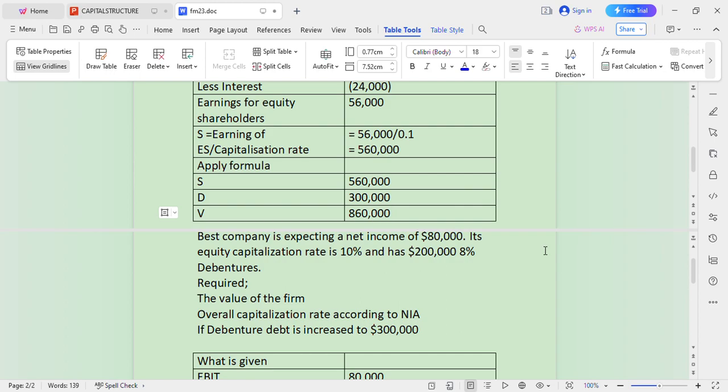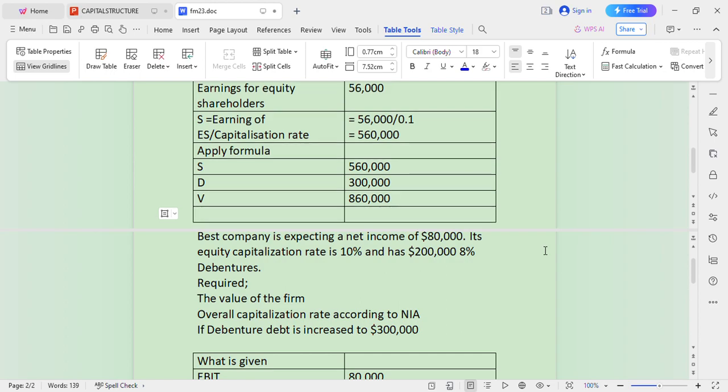Let's proceed. Number 2, let's determine the cost of capital. So after increasing the debt capital, what is the cost of capital?